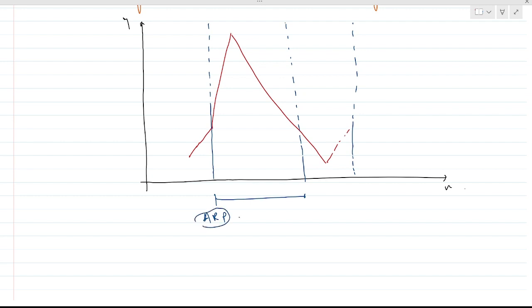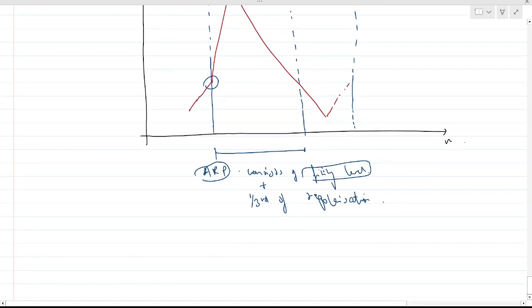Okay, this consists of the firing level, minus 50 millivolt, along with 1/3 of repolarization. This consists of firing level along with 1/3 of repolarization. Okay, this is the absolute refractory period.